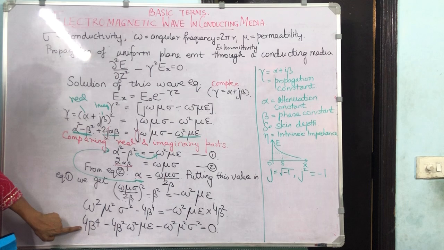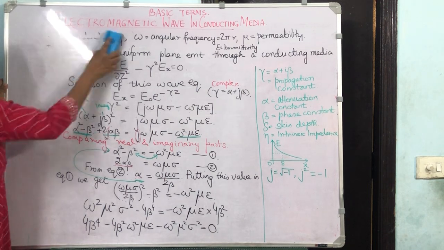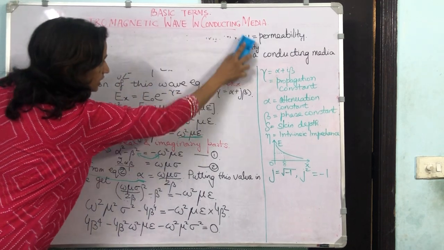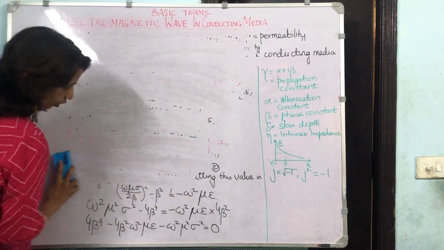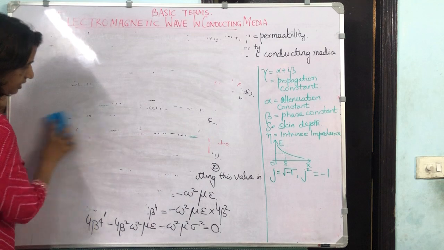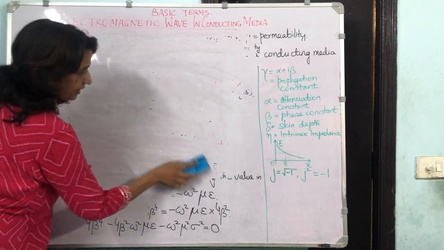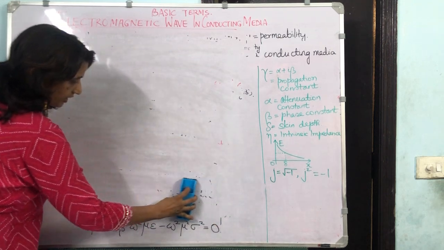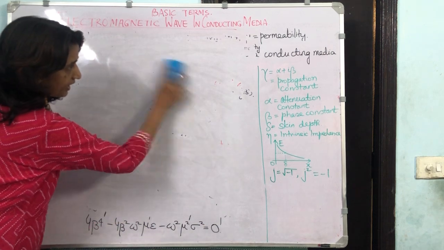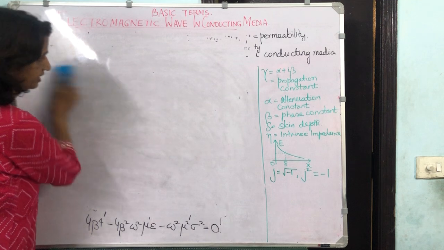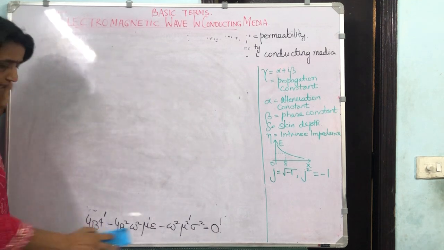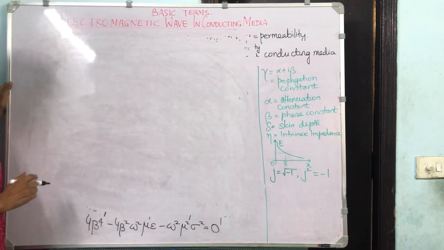So now we are going to do that for this equation and find out the value of beta. How much does beta come? What is beta? Phase constant. Once we know beta, we can easily find attenuation constant, intrinsic impedance, wavelength, velocity and all the terms related to it.